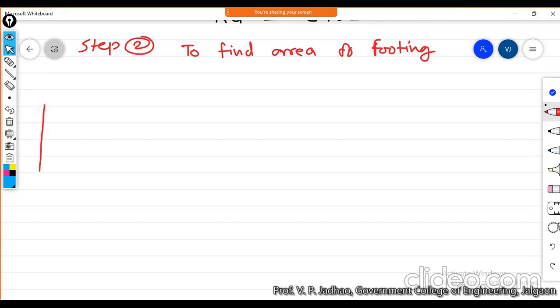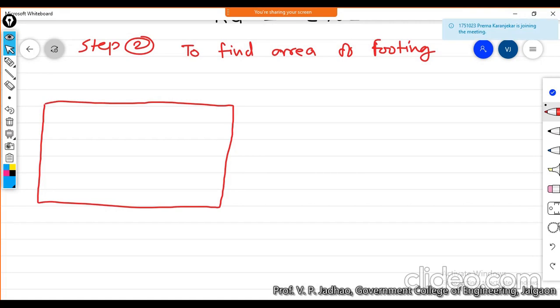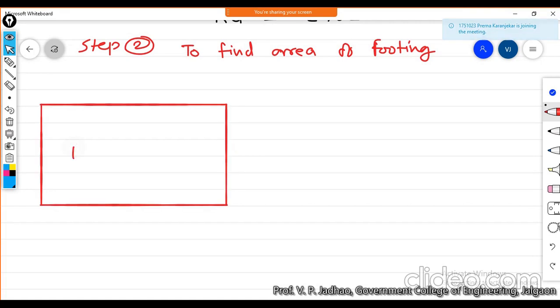Let us consider this is your footing, this is your column C1, and this is your column C2. Just a minute, I will draw this C2 somewhere here. Okay, this is your C2.